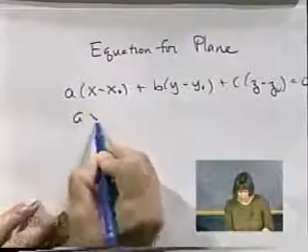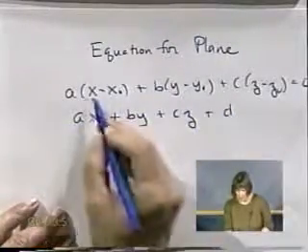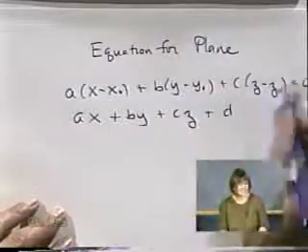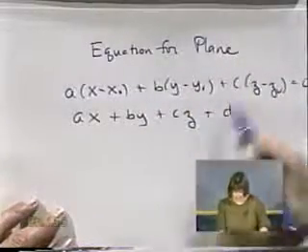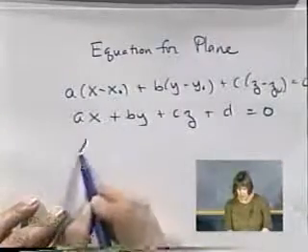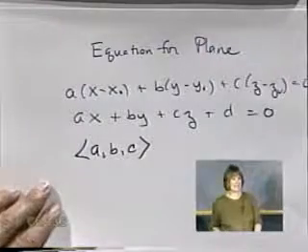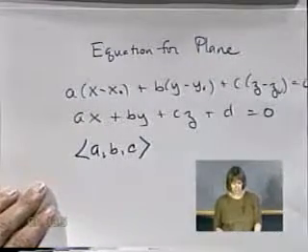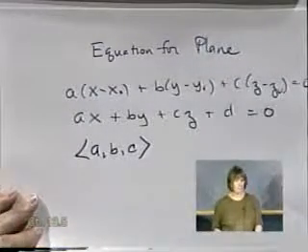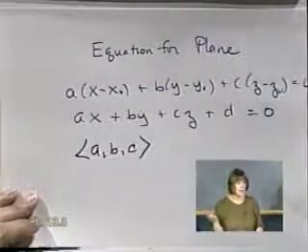But I said if you multiply it out, all these A times x naught, B times y naught, C times z naught are numbers. They collect together to give you D. What do the coefficients of x, y, and z give you when you lift them off of your equation for your plane? What do they give me? They give me a vector perpendicular to the plane, huh?